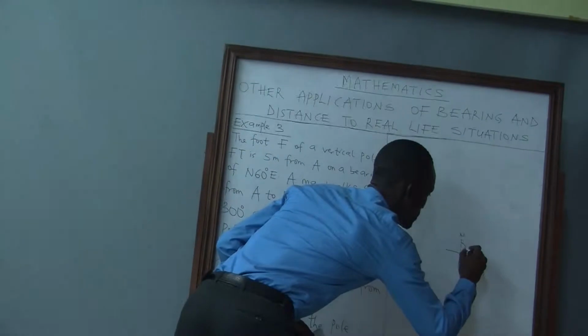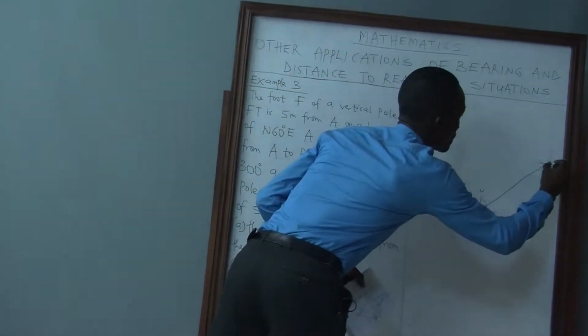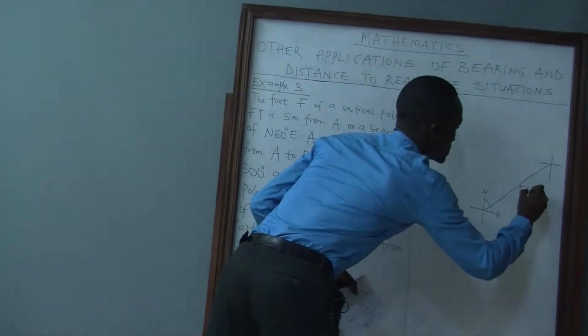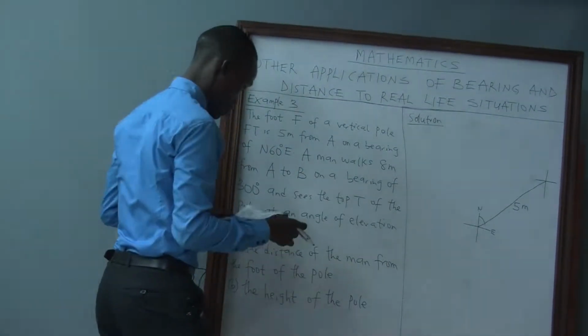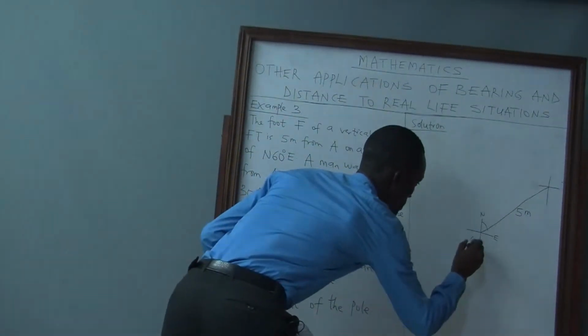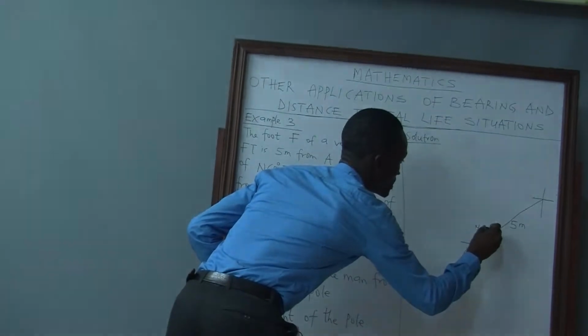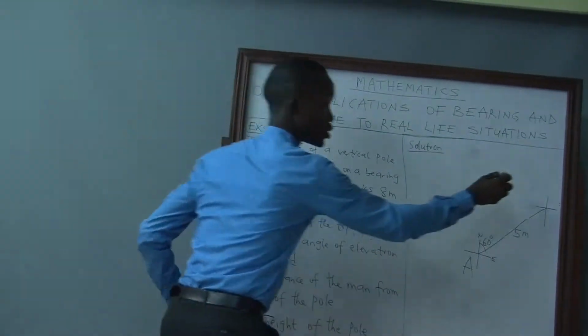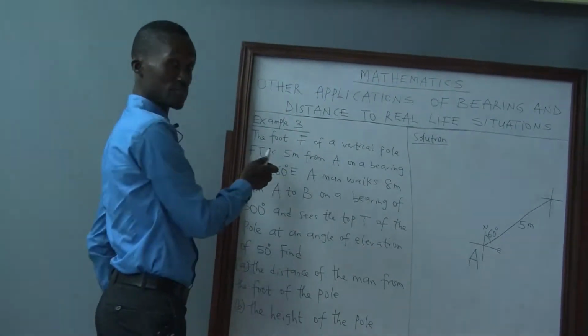So we have 60. The distance for that is 5 meters. So I'll call this one A. This is A, and this one is 60°. So this one will still be labeled as F because we are talking about FT.